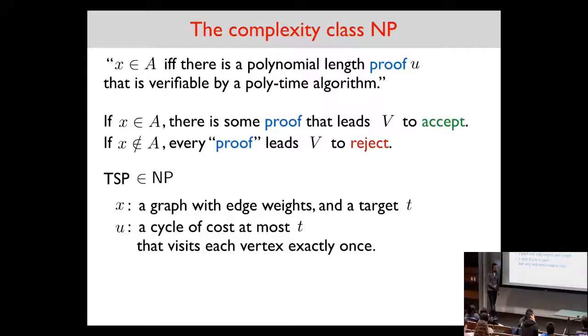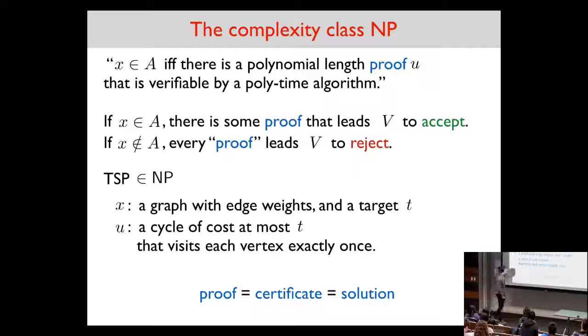Once you give me this proof u, my verifier is going to check: is it indeed a cycle? Yeah, that's easy to check. I'll add up the cost of the edges. Is it indeed at most t? Yeah, good, that's easy to check. And then I'll also check, does it visit each vertex exactly once? Yeah, that's easy to check as well. So, cool.